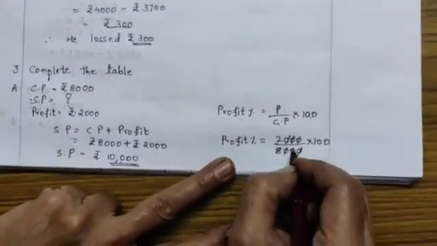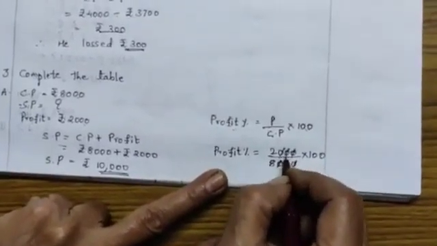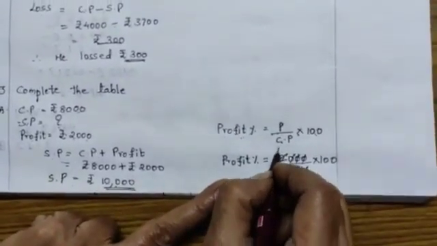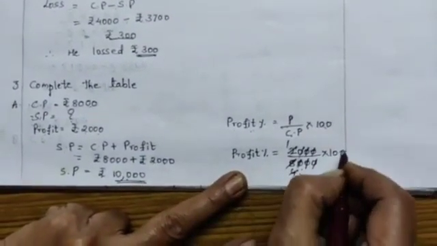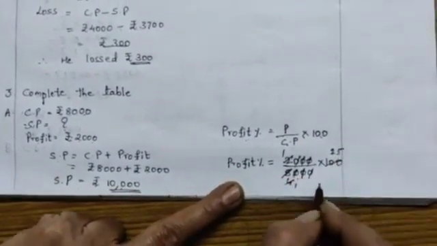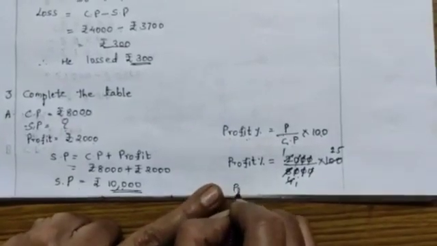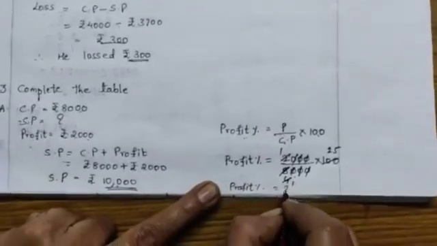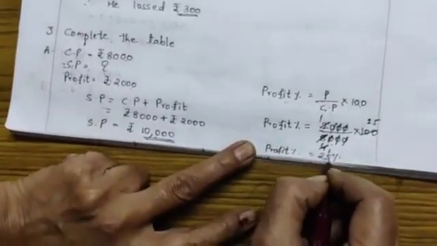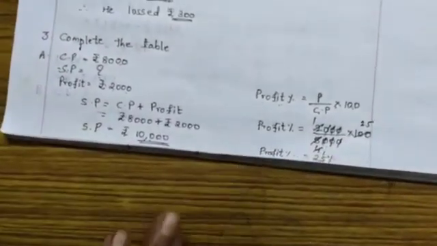Now cancel these three zeros. Now 2 ones are 2, 4 fours are 8, 4 ones are 4, 25 fours are 100. So how much profit percentage did he get? 25% is the answer.